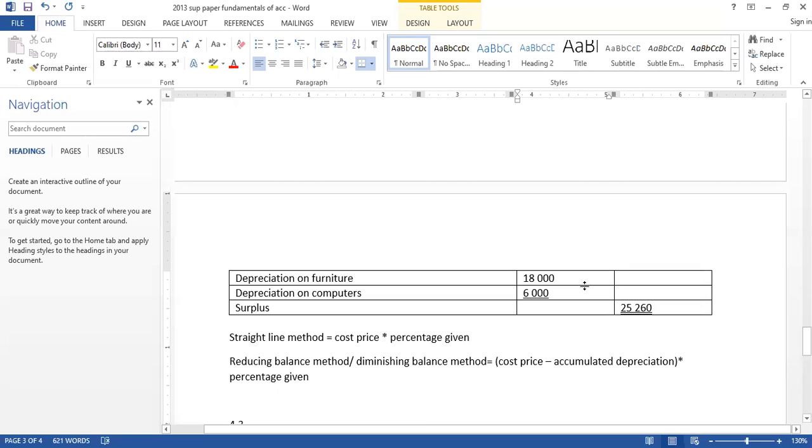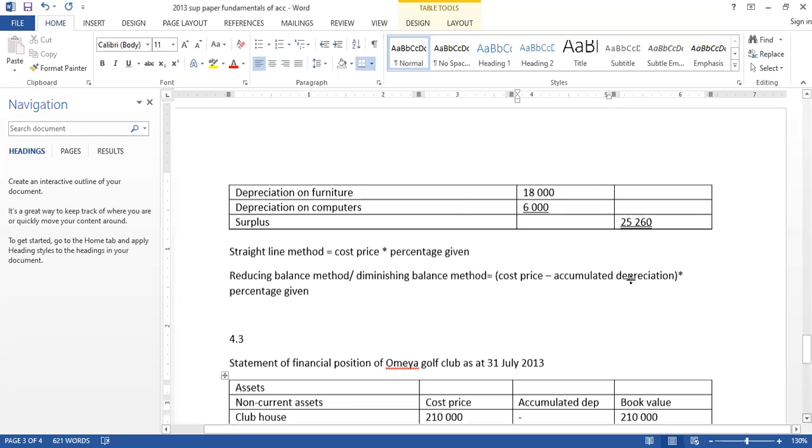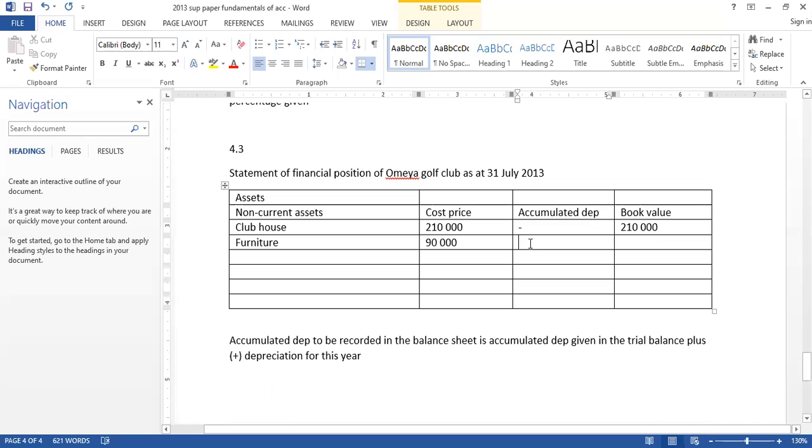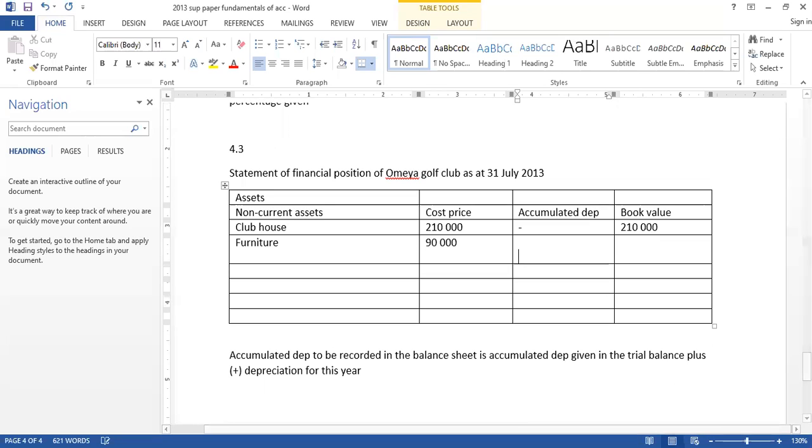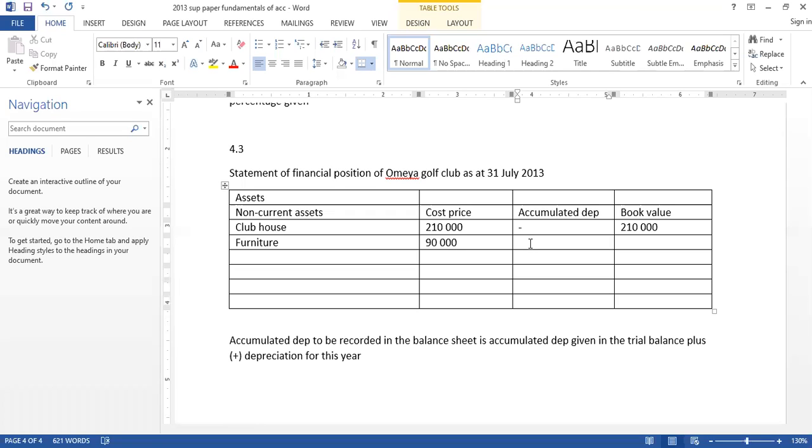So you add 18,000, and then you get your total accumulated depreciation that you record in your statement of financial position, which is 63,000.